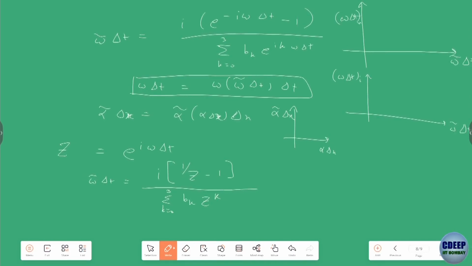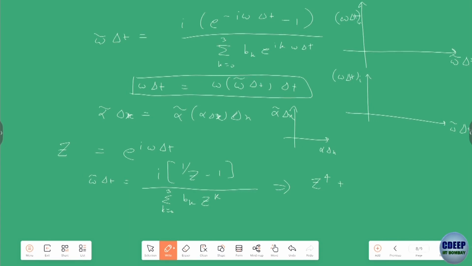So if you now bring this to one side, because remember now omega delta t is the independent variable, you can do the manipulation and you will find that you can come up with a polynomial equation, which will be a fourth order polynomial.